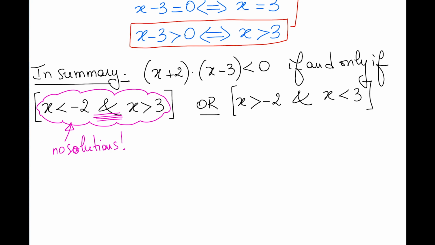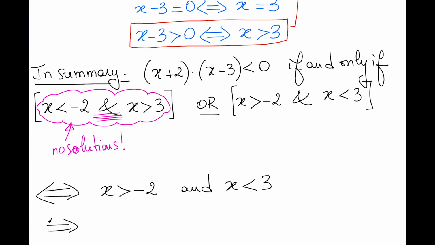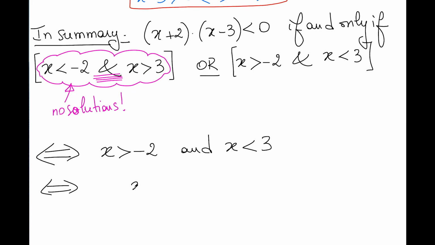And the other one, x is greater than negative 2 and x smaller than 3. This may happen. I mean, 0 is such a number, and any number between negative 2 and 3 is such a number. So this whole thing reduces to the following: x bigger than negative 2 and x smaller than 3, which means that x is between negative 2 and 3.